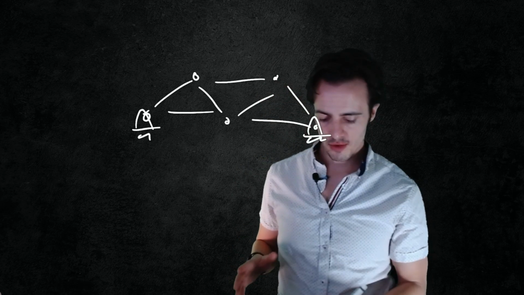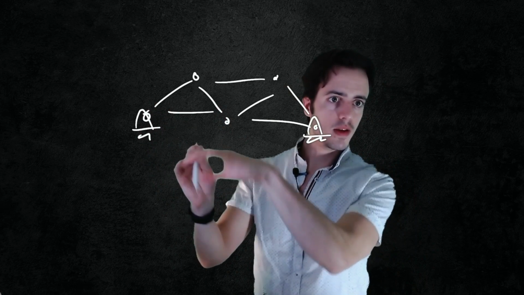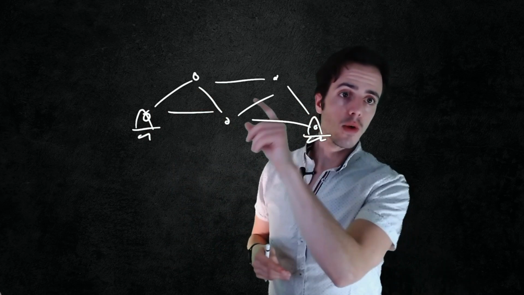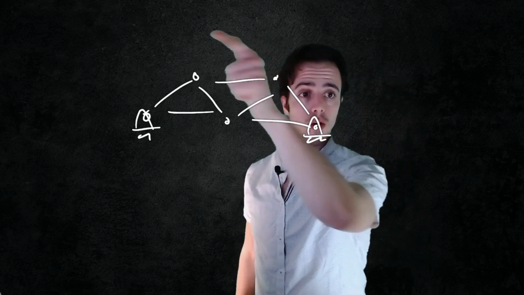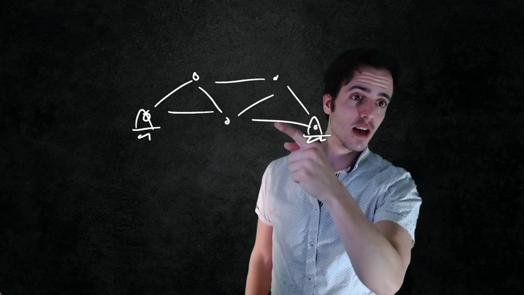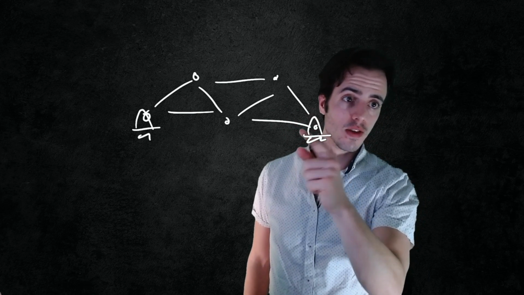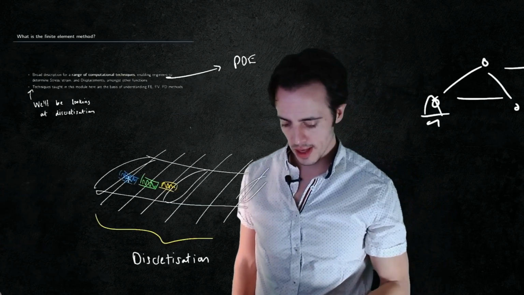If we have a truss structure like this, we know how each member works. Each member's properties are governed by its constitutive relationship, which tells us how much it extends when we apply a certain force. Since we know how this whole structure connects together as well, we could then determine a set of equations that gives us the entire relationship of this truss structure if we apply forces. And that's what we're going to be doing.